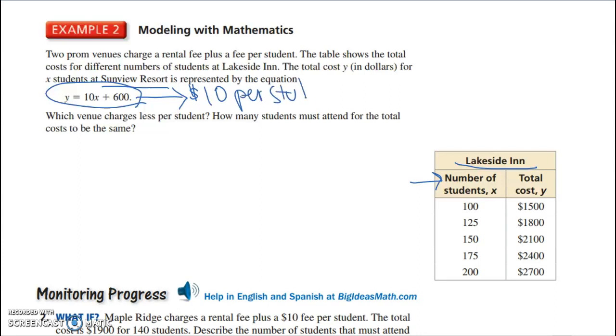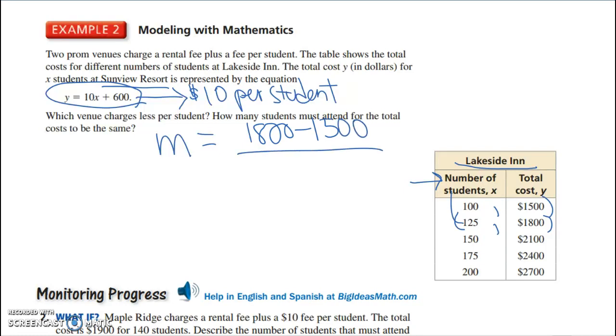And then we need to calculate what the equation would be for Lakeside Inn. We can think of these numbers as ordered pairs, x comma y. So I'm going to use the first 2 points and calculate my slope. I'll get 1800 minus 1,500 divided by 125 minus 100. What's that going to be?